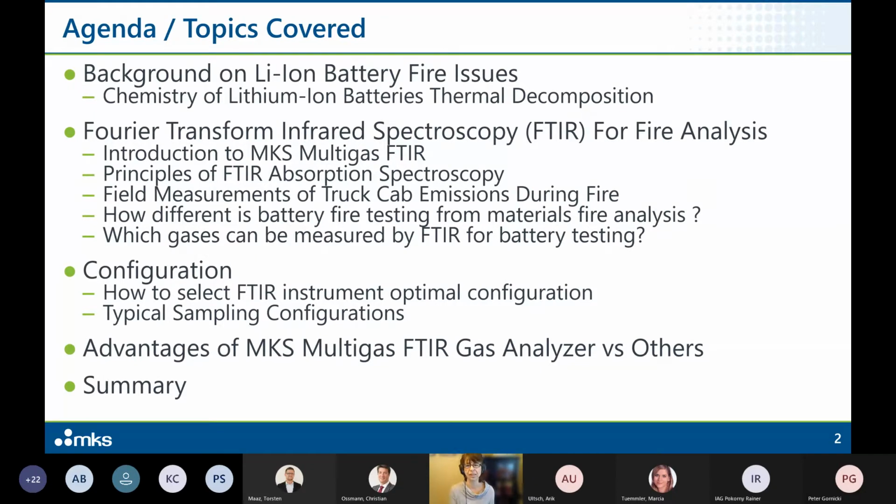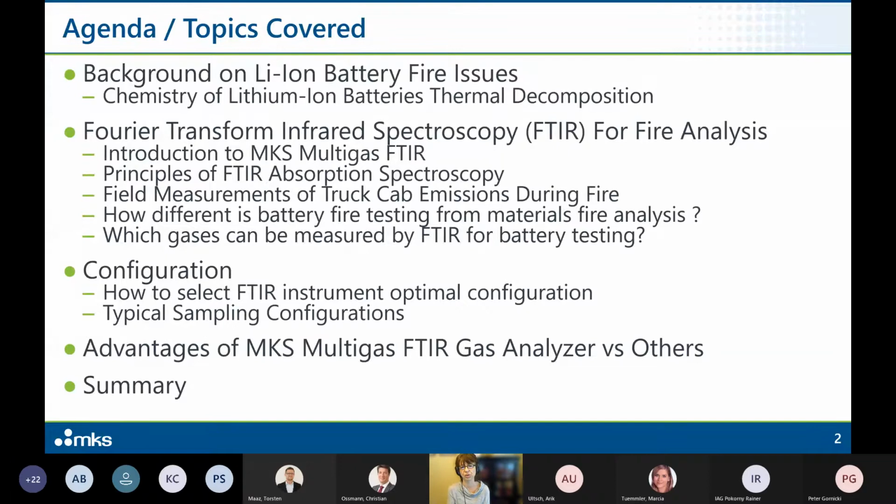So the type of gases that are important here are a little different, but it's still the same analyzer, same principle. I'll go through a little bit on the principles of FTIR absorption spectroscopy, as an explanation of what we've done in the past, because our customers have such a wide variation of applications.